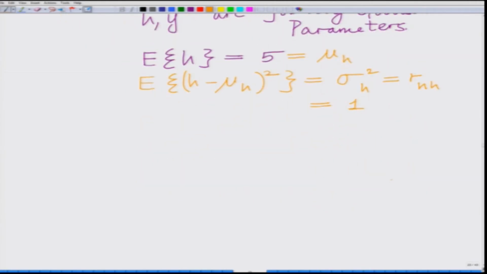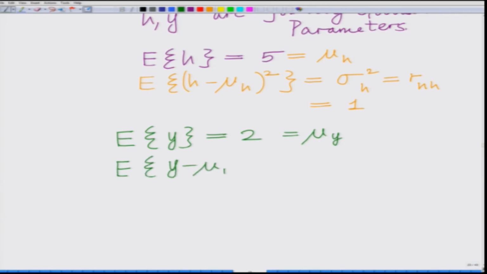Okay. Now, consider expected y, let us say this is equal to 2, which is equal to mu y. Expected y minus mu y whole square, let us say this is equal to, which is basically your sigma y square, which is basically R Y Y.